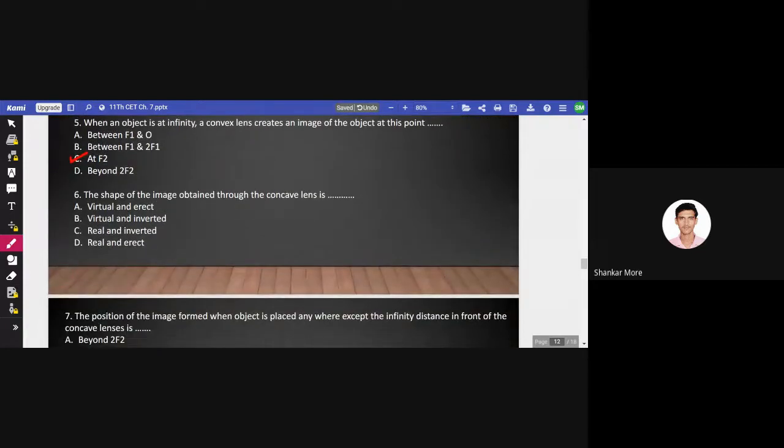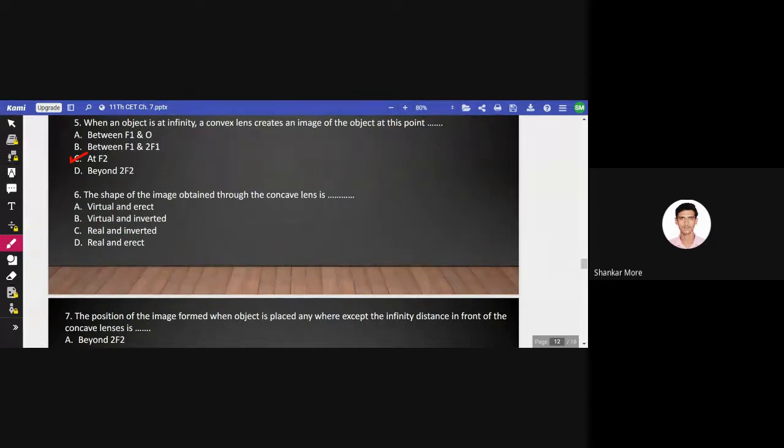The shape of the image obtained through the concave lens is. So concave lens की मदद से जो भी हम images obtain करते हैं, so उसका shape and nature क्या होता है? Virtual and erect, virtual and inverted, real and inverted, real and erect.